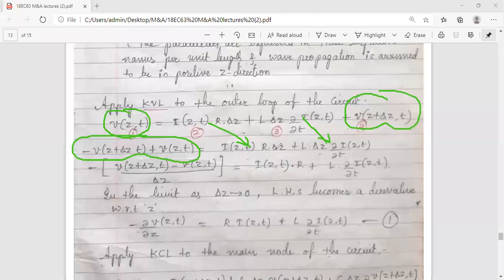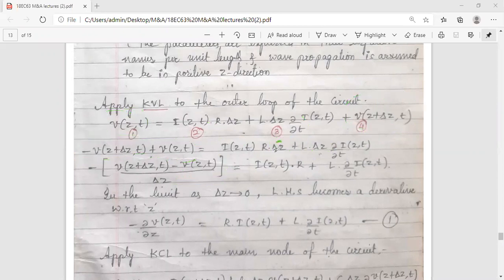Okay, now if you take from the RHS delta of Z common, that can be taken here in the denominator of the LHS, that I have taken in the next step. So delta of Z is taken common in the RHS, and that is kept in the LHS denominator.